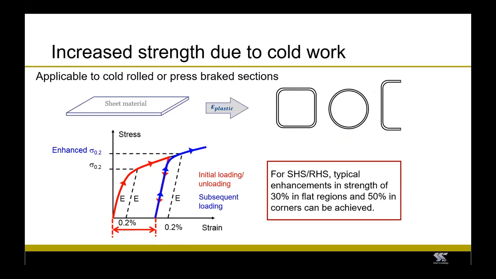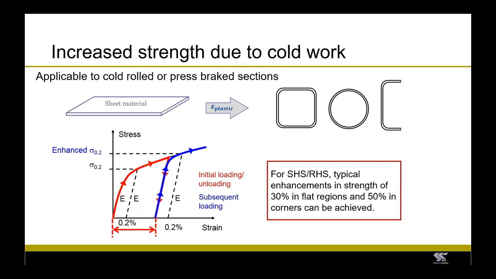So the type of sections that can benefit from an increase in strength due to cold work are cold rolled hollow sections or cold formed sections like channels, for example. This graph you can see here shows why the strength of stainless steel increases as a result of cold forming.